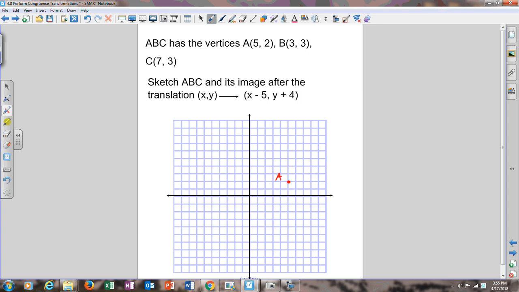So you go over 3, up 3. And C is 7, 3. So you go over 7, 1, 2, 3, 4, 5, 6, 7, and up 3.